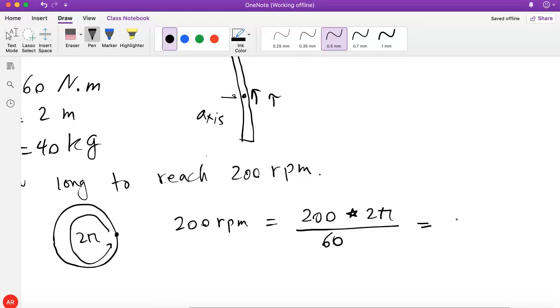So let's see what it is. That's 400 divided by 6, which is 200 divided by 3, that's 40 divided by 6, which is 20 over 3.